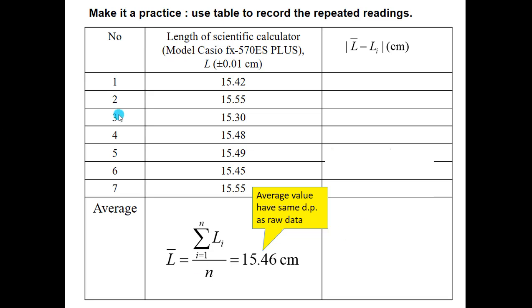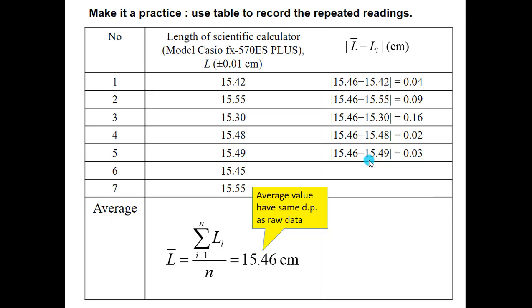Then I find the difference between the average value and each of the measurements. The difference between the average value and the first measurement is 0.04. The second is 0.09. The third is 0.16. The fourth is 0.02.